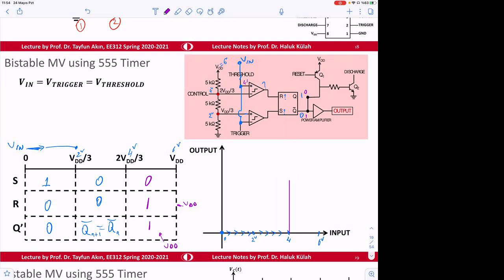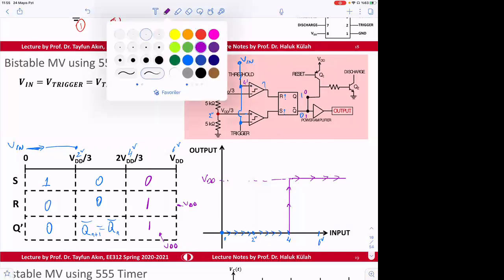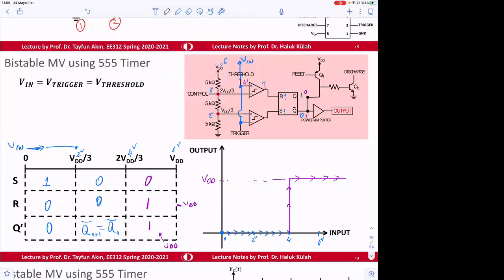After or beyond 4 volts, the output will switch to VDD. And then if you keep increasing, it will continue like this. So this will jump up. Of course, we cannot go beyond maybe 6 volts, so this will stop here.